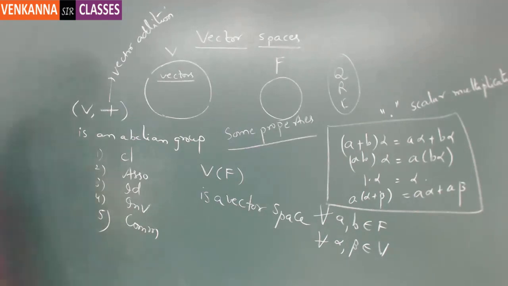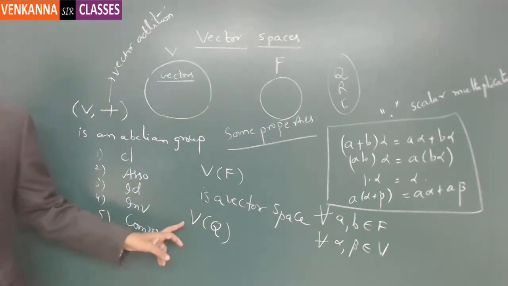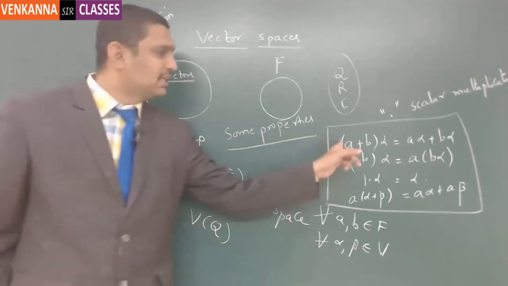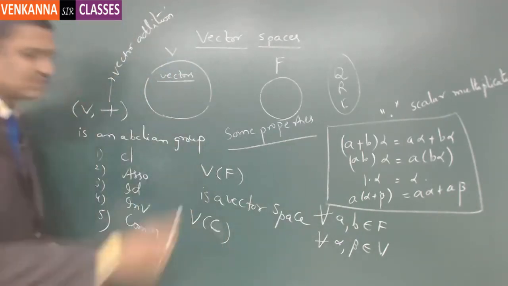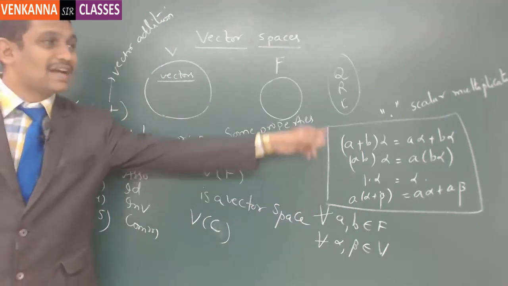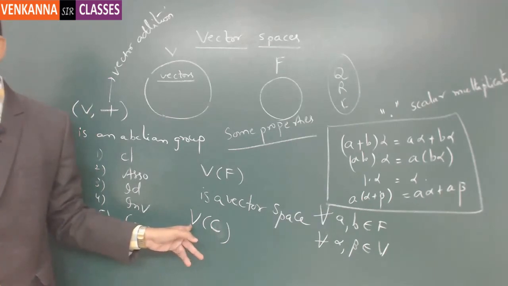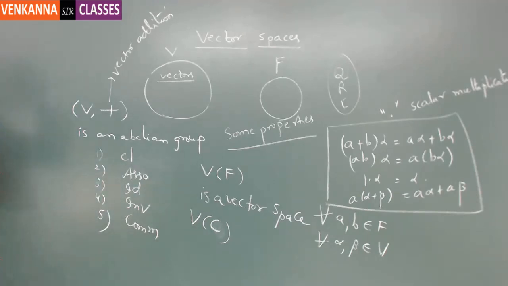So if I have written V of Q is a vector space, V is a set containing vectors, and I am taking numbers as rational numbers. So I am checking these properties where A, comma, B are rational numbers. If I have written V of C, I have taken the numbers or scalars as complex numbers. V contains the vectors as usual. It may be polynomials, matrices, whatever the case may be. Okay? Is it clear? So vector space means satisfying 9 properties. These are defined in this way.